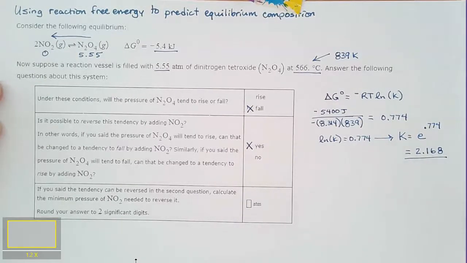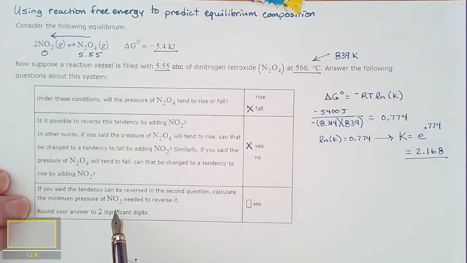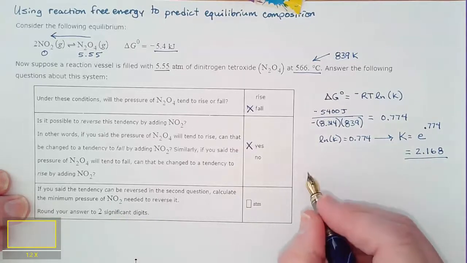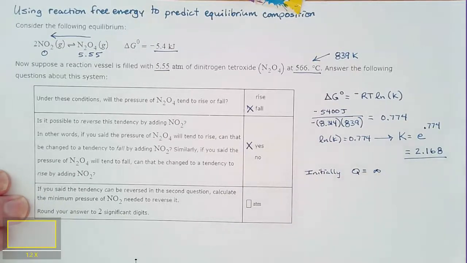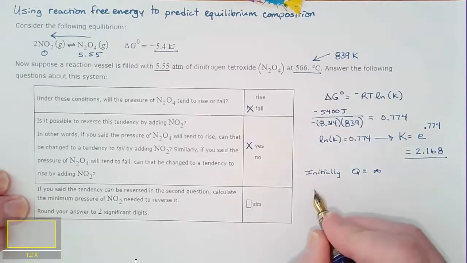And we have the task of trying to add NO2 until the reaction goes forward, which is what we're wanting to do. So initially we have the situation where Q is equal to infinity because we have a zero on the reactant side.